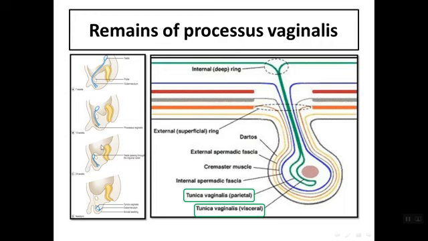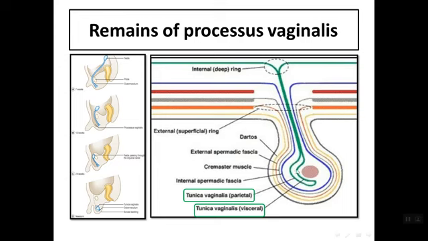As the testis reaches its final destination in the scrotum, this pouch of peritoneum remains near the testicle and shuts off from the original peritoneal cavity, forming a cavity we call the cavity of the tunica vaginalis.